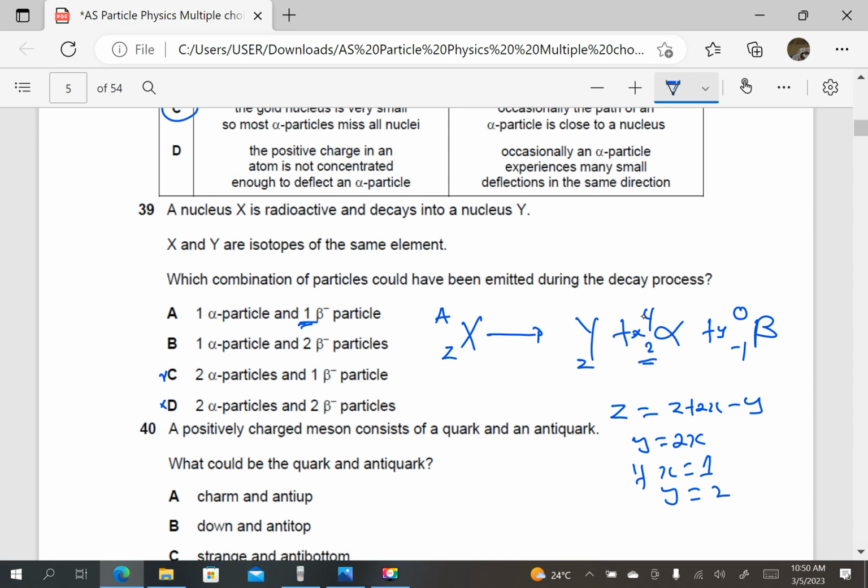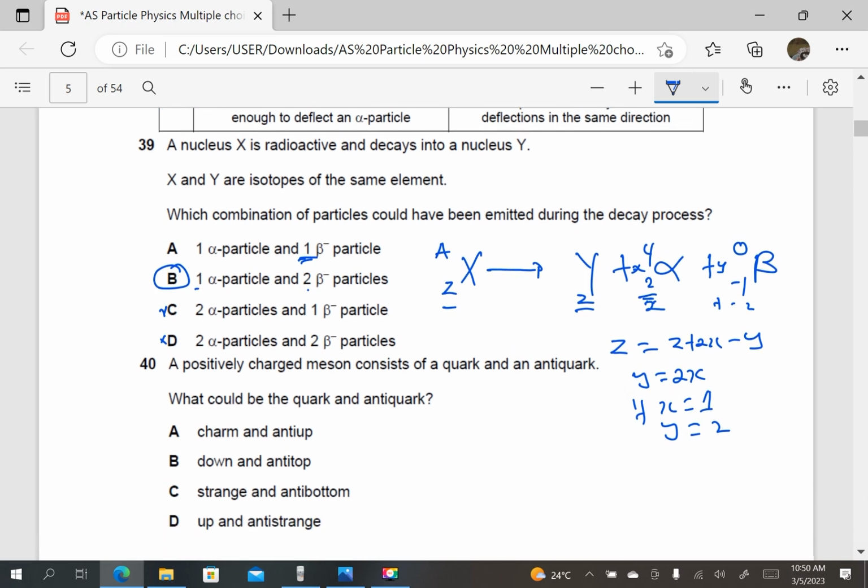If we say 1 beta particle, it means y is 1, so here we have 2 and the other one we have negative 1. It means there is no balance. If x is 1 and y is 2, there's a balance. This is 2 plus negative 2, which is 0, so Z is balancing, so the answer is going to be B.